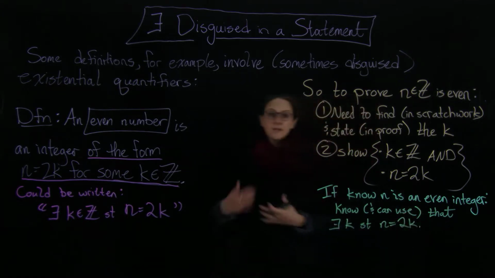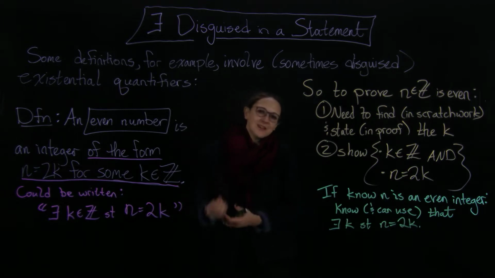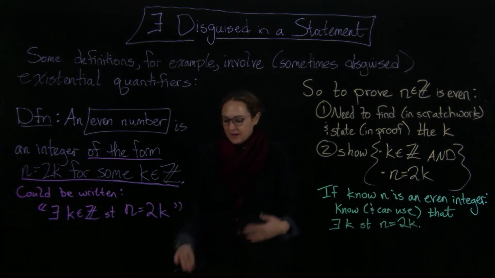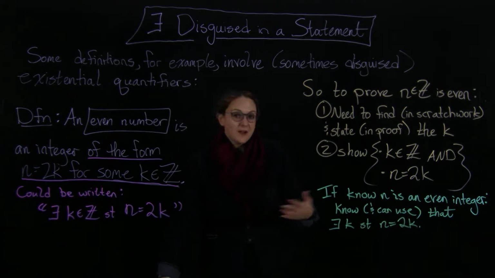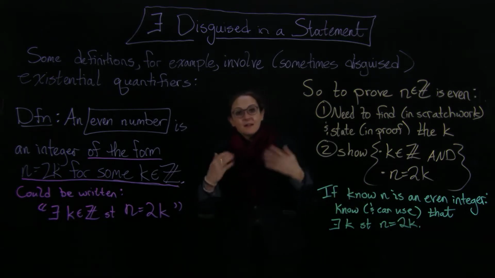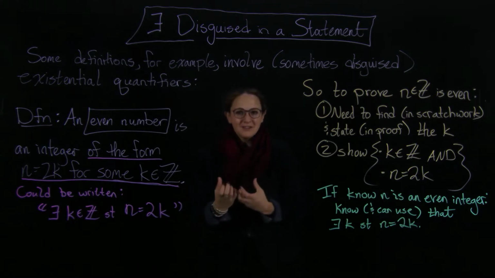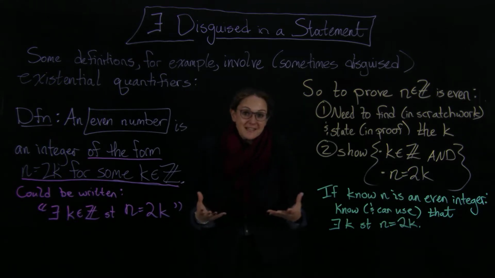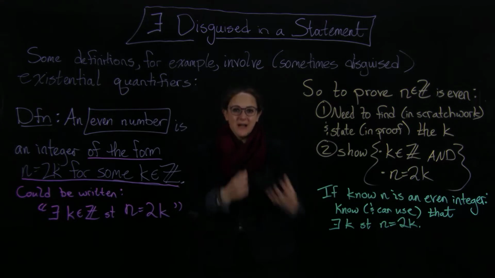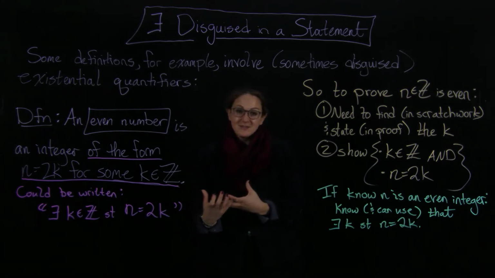You don't necessarily know what that k is, but a lot of times you don't need to. In proofs that involve even numbers, the very first thing you want to do is say, let k be such that n equals 2k, to rewrite your n in a form that gives you something to work with.